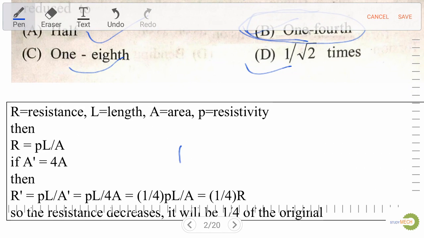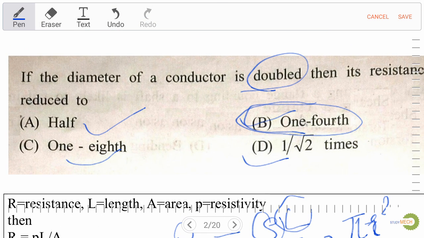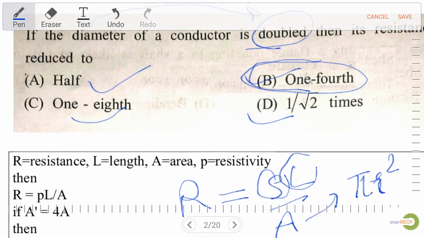For conductor, our equation is R is equal to rho L upon A. Well, A stands for area, L stands for length, rho stands for resistivity, and R stands for resistance. For A, our equation is pi r square. Now if we double the diameter as given in the question, our radius will be double.